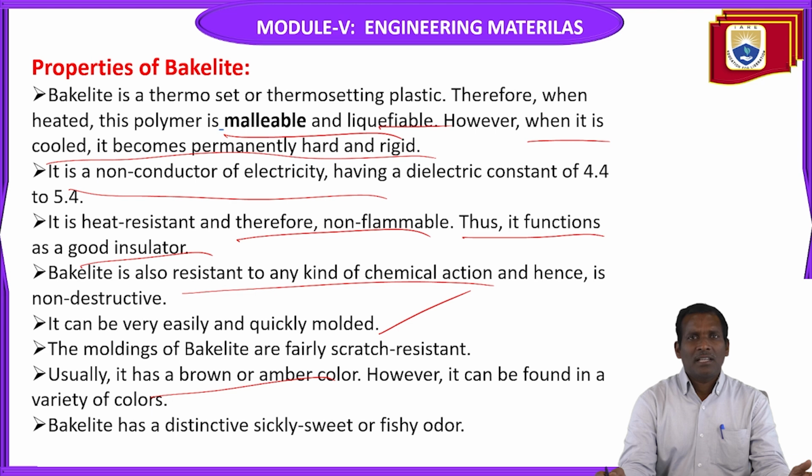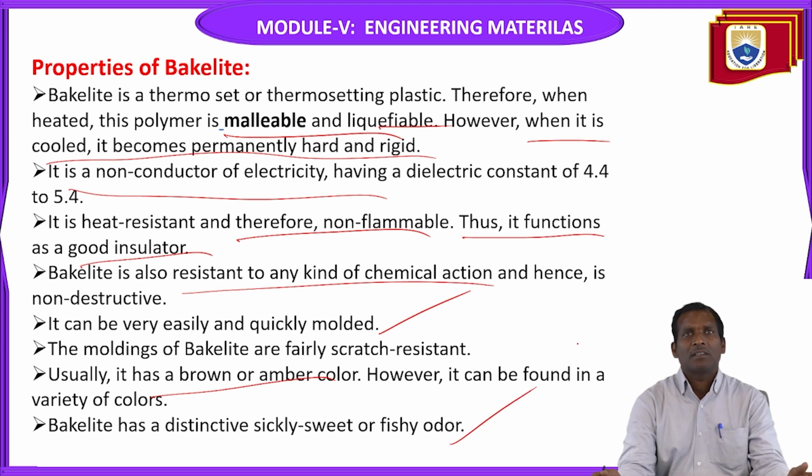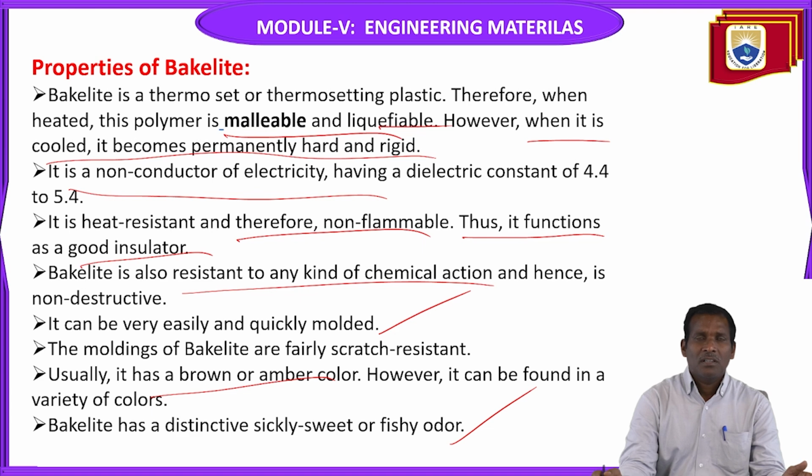Bakelite has a distinctive sickly sweet or fishy odor. These are the properties of bakelite. In the examination, if they ask what the properties of bakelite are, you have to write 5 or 6 points.